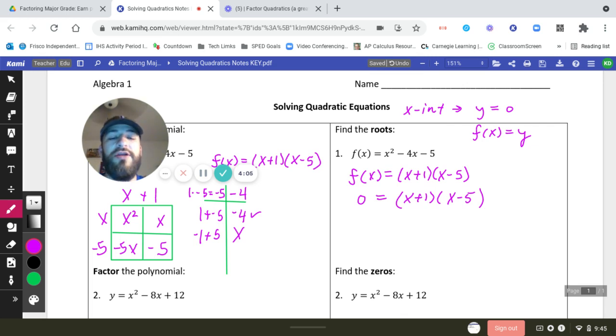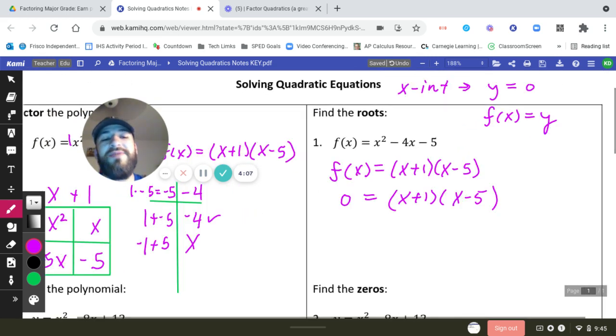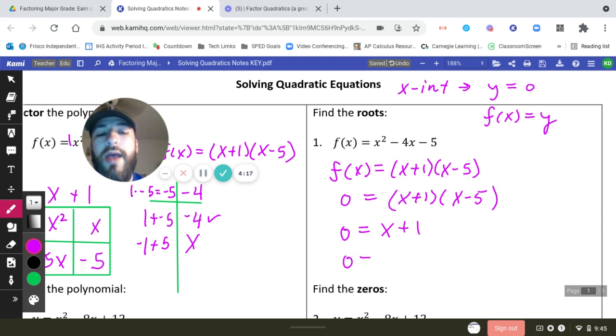Now here, note how x plus 1 and x minus 5 are both being multiplied. I can actually take them and separately set each one to 0. So x plus 1 is equal to 0, and x minus 5 is equal to 0. Now that I've set each one separately equal to 0, I can solve both of these new equations for x.